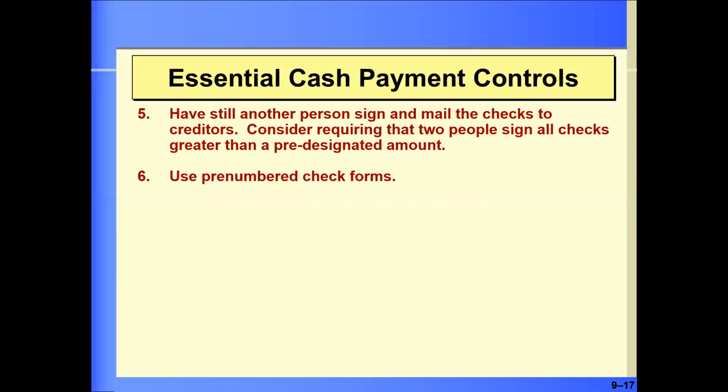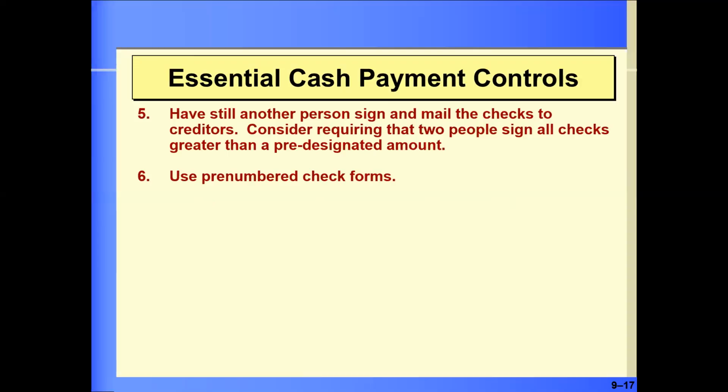Right. And simple things, pre-numbered check forms. Do not go to a forms place and buy a whole bunch of blank forms with your check number on it without a numbering system on it.